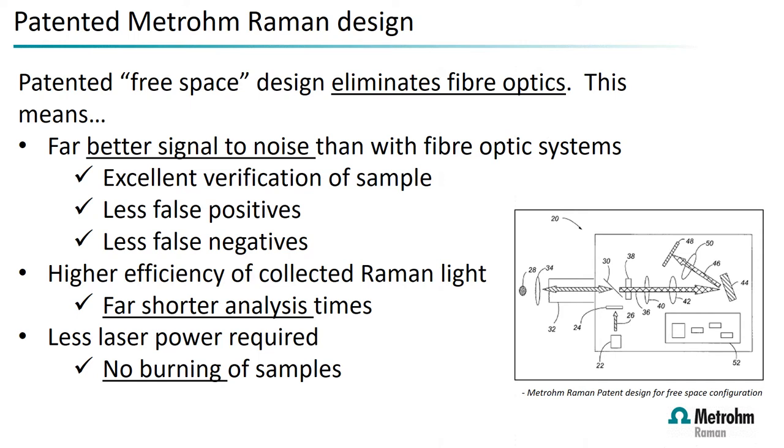The glass in fiber optics can cause attenuation of signal, which means that you have to scan for far longer, and this reduces the analysis times, as well as having a far better signal to noise ratio because of this, so it gives us better verification of the sample, less false positives, less false negatives, and it also means that we don't have to use an overpowered laser which may cause burning of the samples. And we're also going to discuss a slight additional effect of this in a second as well.